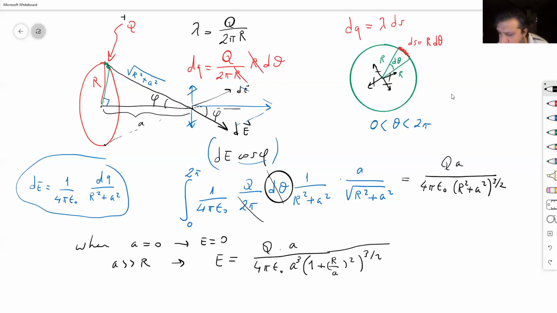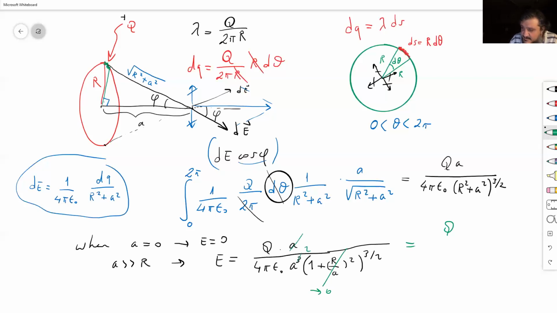So r squared over, if I factor a squared out, I get that. Now, r is so small compared to a, which means I can ignore this. It goes to 0. So what is left? A cubed, right? I mean, there's 1 left here. 1 times a cubed. There's an a in the numerator. So get rid of this 3, make this 2.